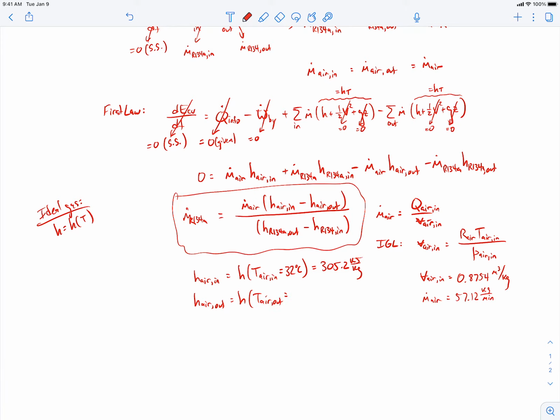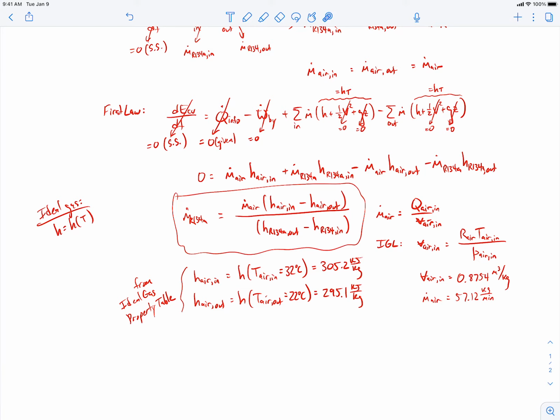I'm not going to show the lookup in the table. I think you've done enough examples, hopefully by this point, that you know how to use those ideal gas property tables to look up the values. So again, these come from the ideal gas property table. Okay, so that gives us the specific enthalpies for the air at the inlet and outlet.